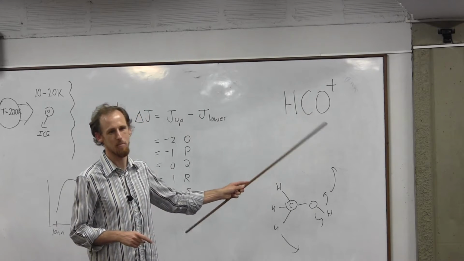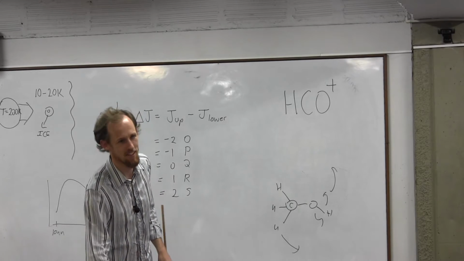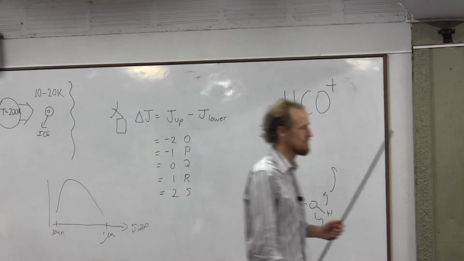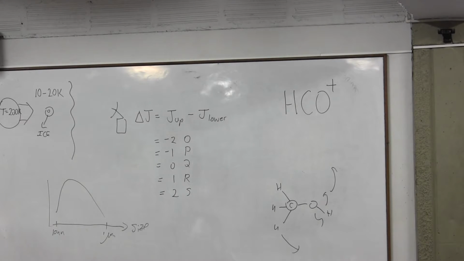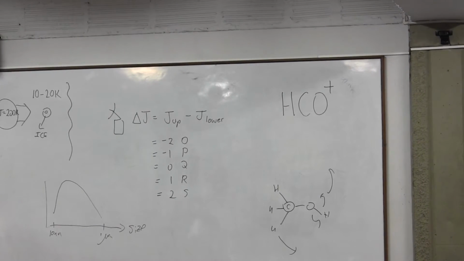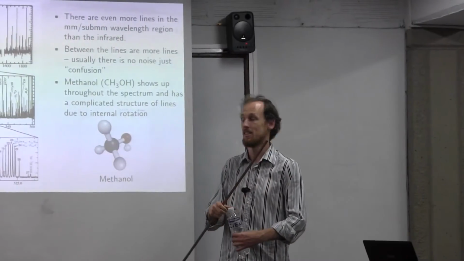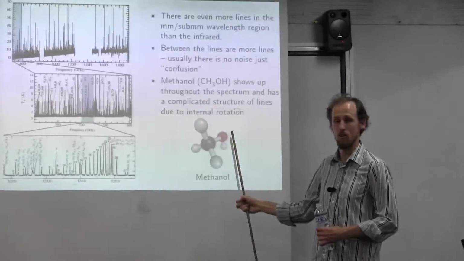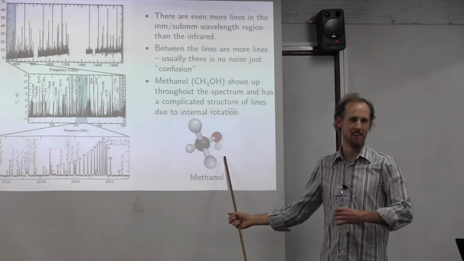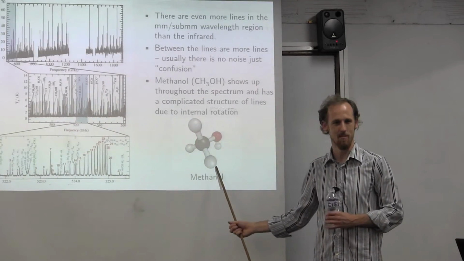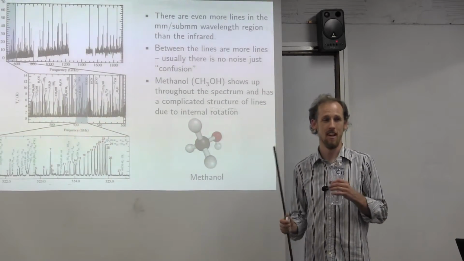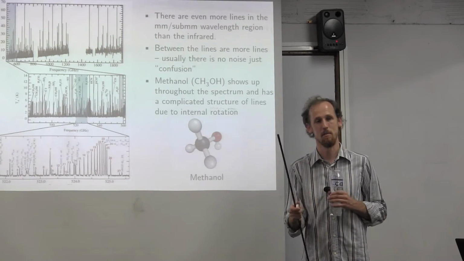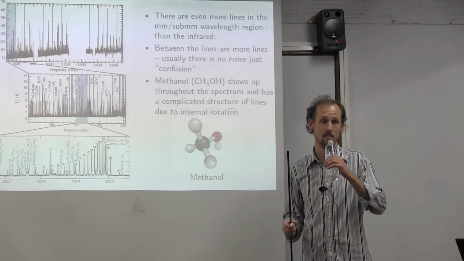It's also a radical, so that makes it reactive with its environment. So it's a molecule that doesn't really stay stable for very long, which means it's a real problem to study in the laboratory. Studying radicals in the laboratory is kind of an issue. Methanol, you can buy it if you buy cheap liquor, I guess, and you can study it in the laboratory. HCO+ is more of a problem. So those molecules are the ones they had to do specific experimental studies in order to find them in the observations.